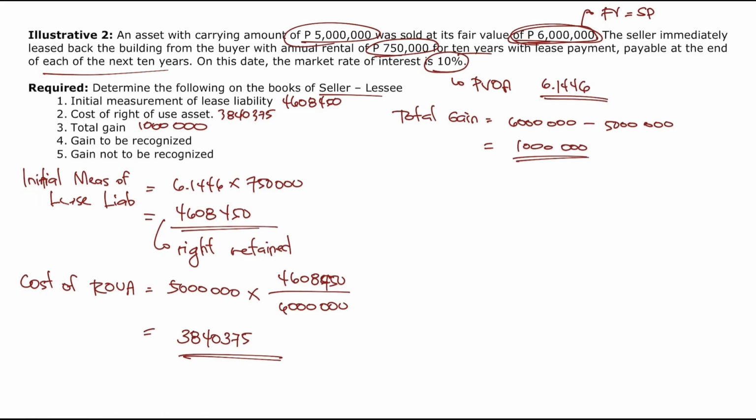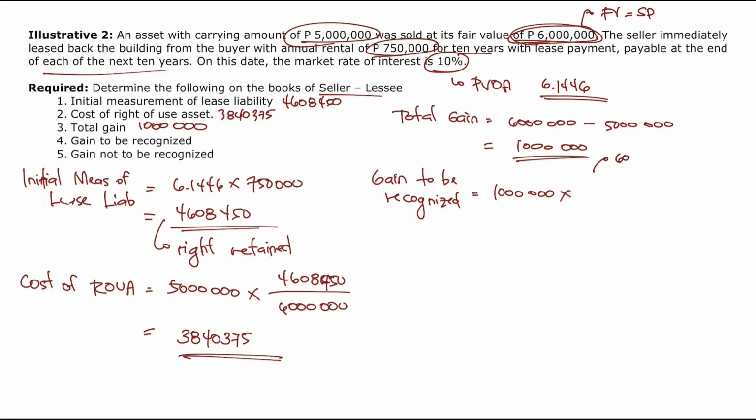Requirement 4, gain to be recognized. Paano nga ba kinocompute yung gain to be recognized natin? Once again, gain to be recognized will be equal to the total gain of 1 million pesos times the right transferred. Sir, paano i-compute ulit yung right transferred?